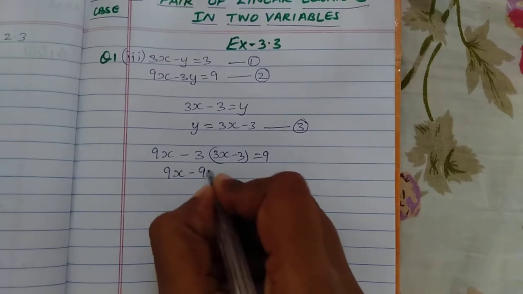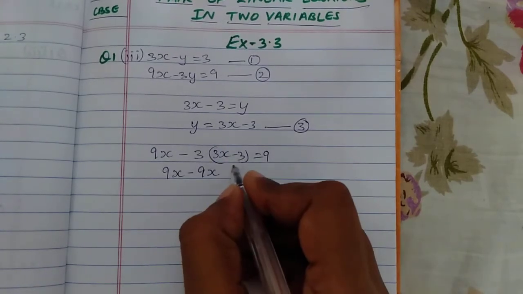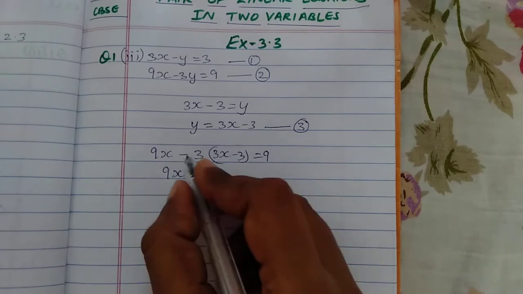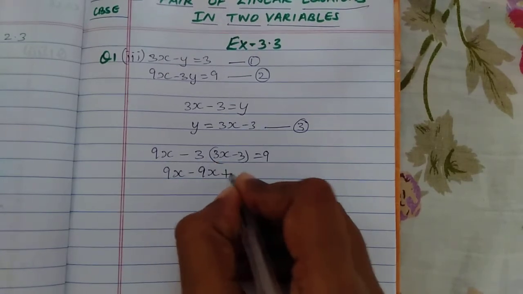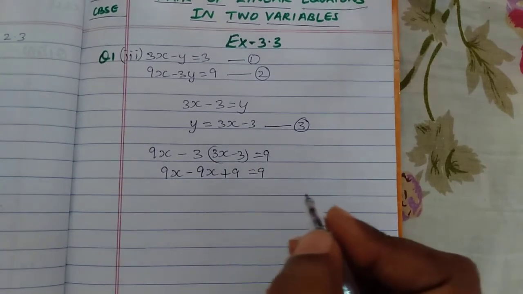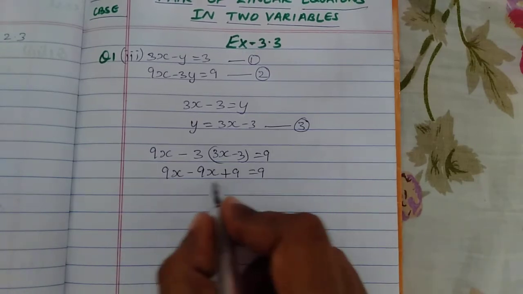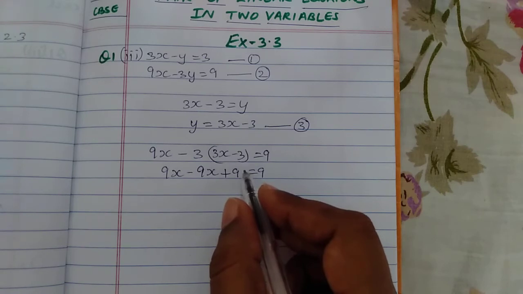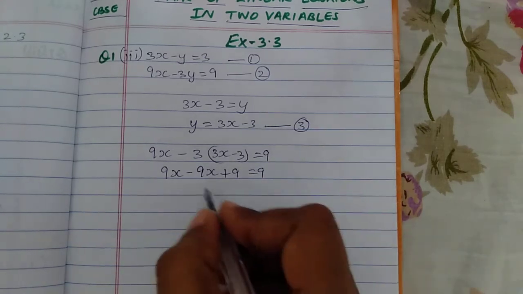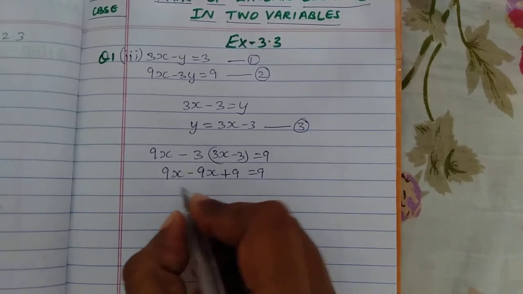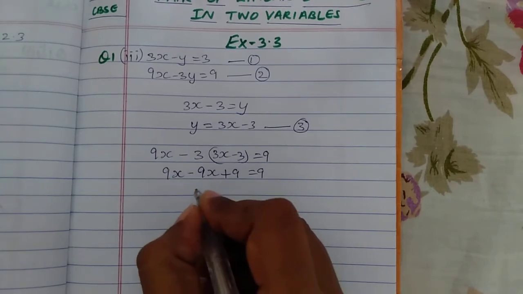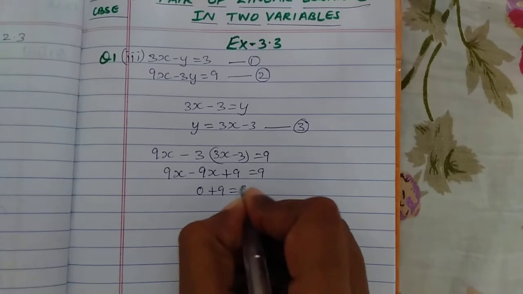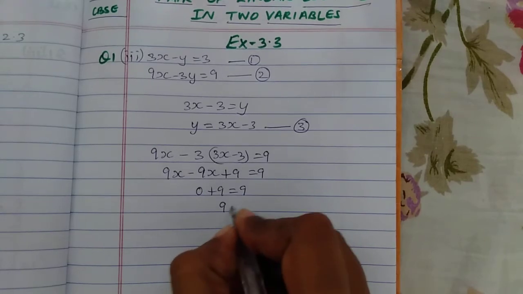So minus 9x, and minus and minus make plus, because minus 3 into minus 3 is plus 9, is equal to 9. Some of you might still be confused with handling these minus and plus signs. I will let you know once. Let's finish this first. So 9x minus 9x is 0, plus 9 is equal to 9. So 9 is equal to 9.